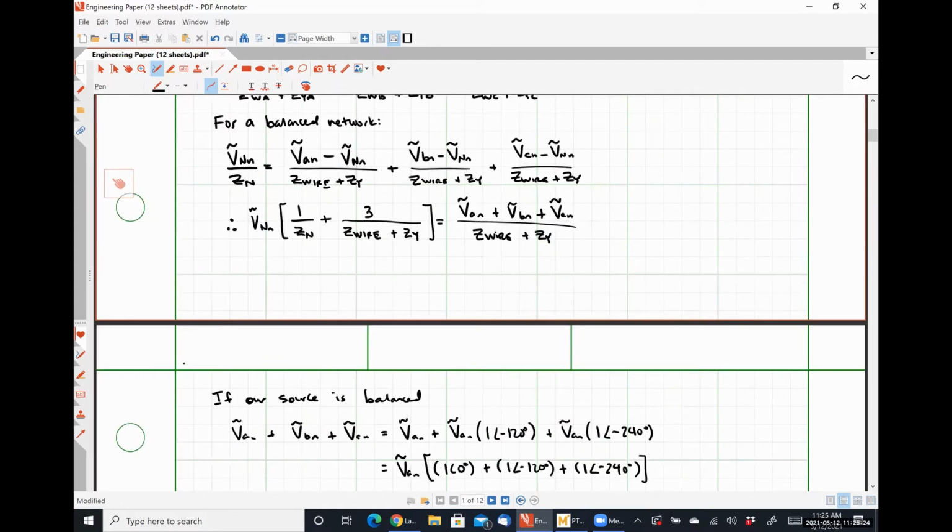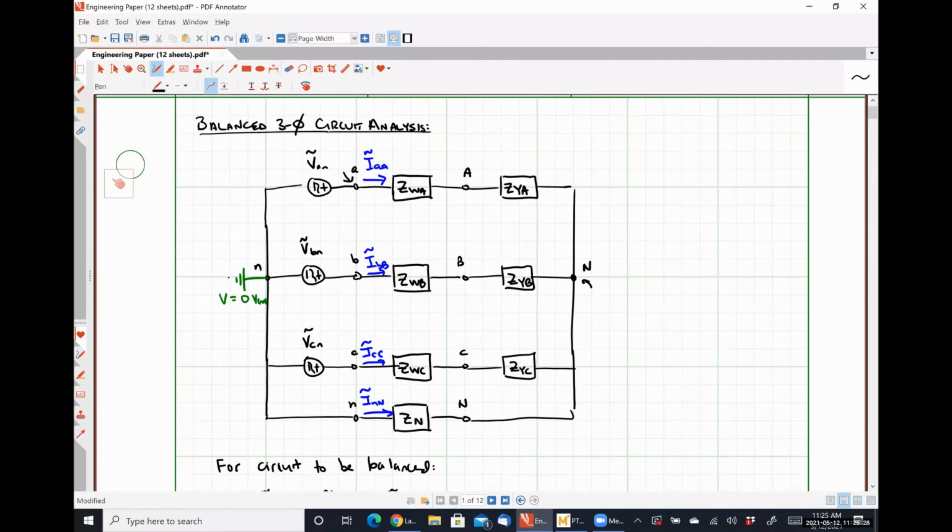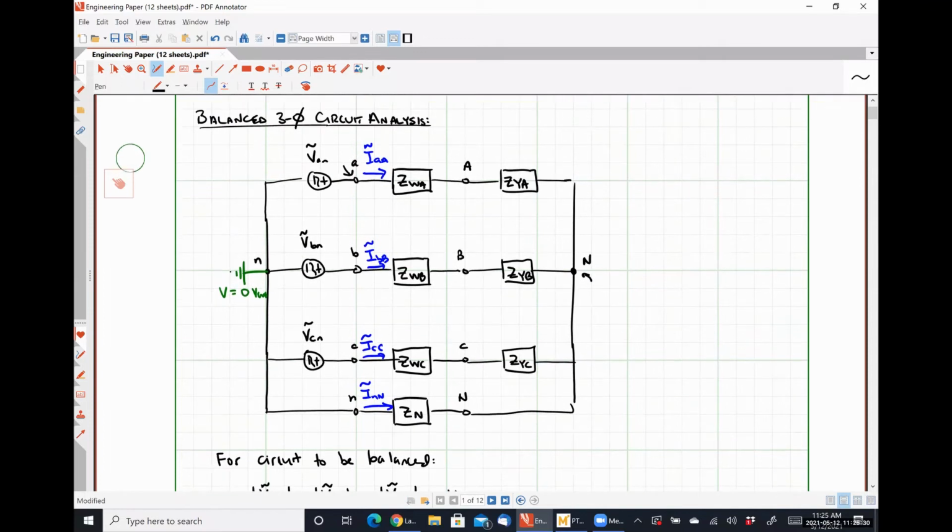As a consequence of that, let's go back up to our original circuit, all right? So if our line currents are perfectly balanced, meaning that they all have the same magnitude and they are 120 degrees out of phase with each other, what can I say about the phase currents flowing through the load?